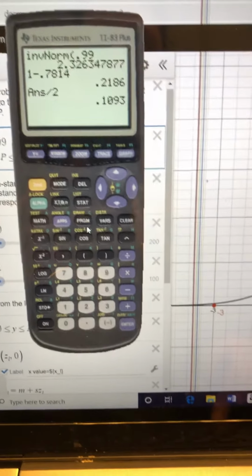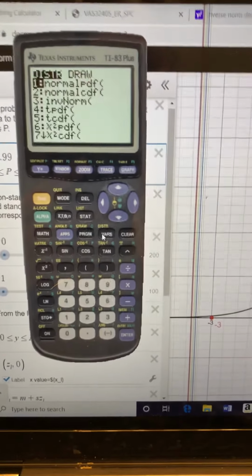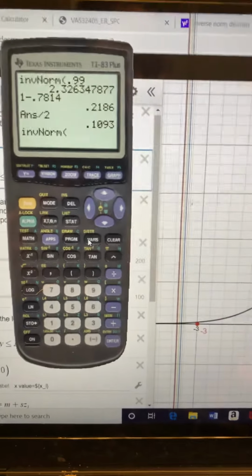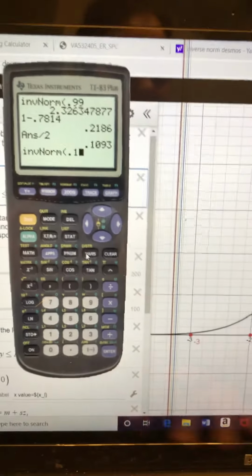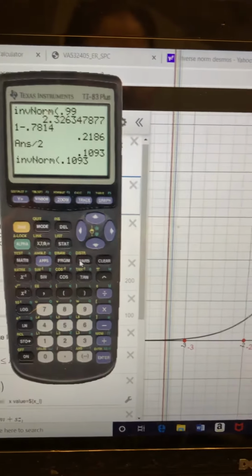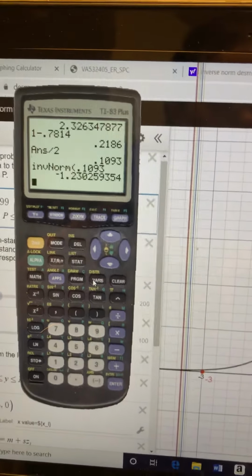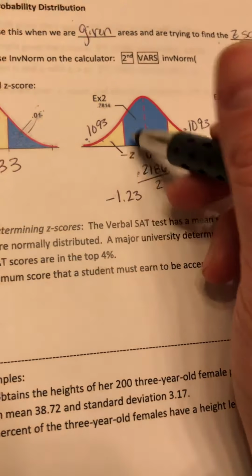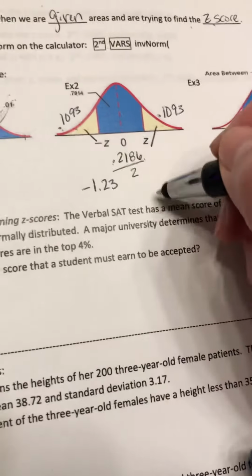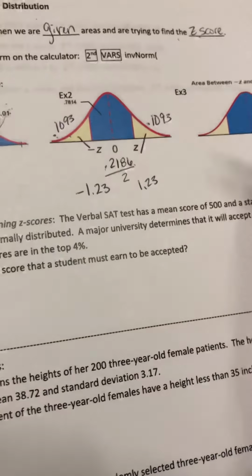And the beautiful thing about the normal distribution is it's all symmetric. So I'm going to do inverse norm of 0.1093. That gives me negative 1.23. Well, if this one's negative 1.23, because it's symmetrical, this one has to be positive 1.23.